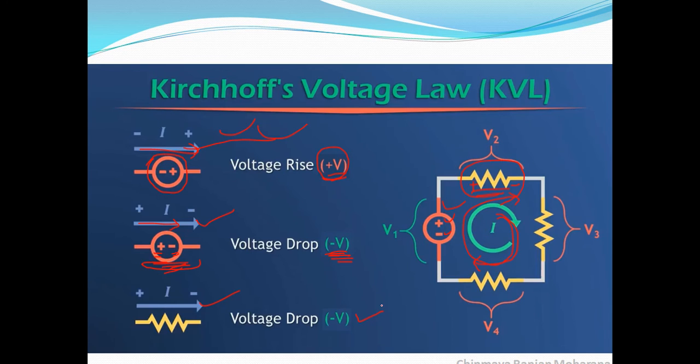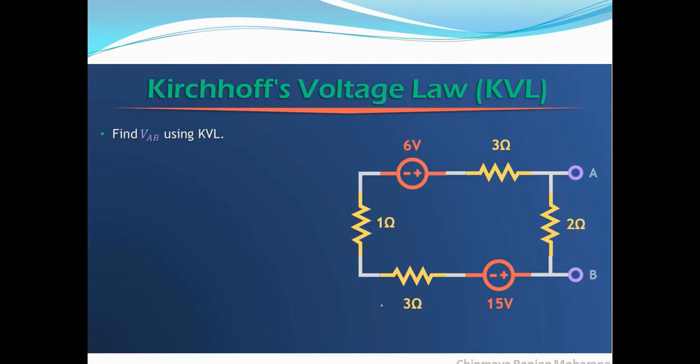Then let's discuss a problem. Here we are using a simple problem with a voltage source and several resistors. Then find the value of AB.